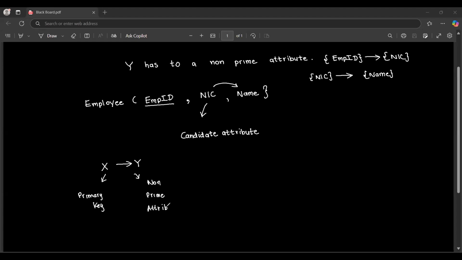It can be a set of non-prime attributes also. It doesn't matter. And y functionally determines another non-prime attribute set. When this happens only, we say there is transitive dependency. Keep that in mind. This one is not a transitive dependency.